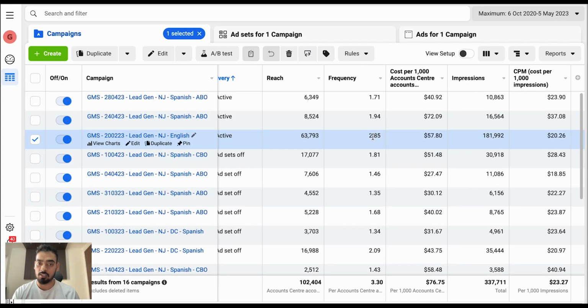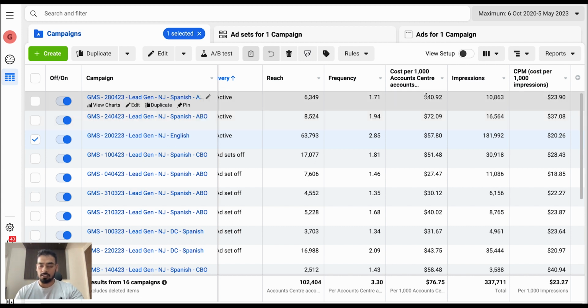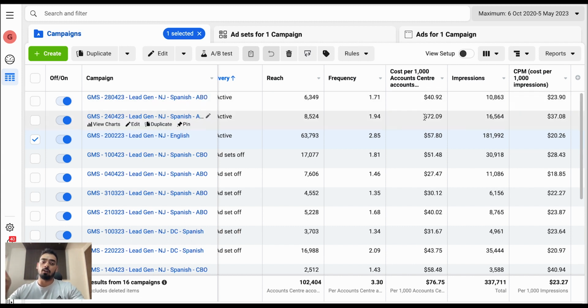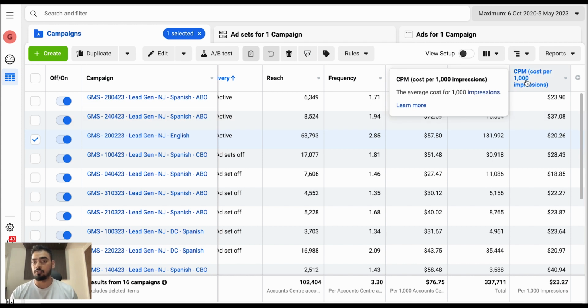Keep an eye on the frequency. Make sure that your frequency is not too high, okay? Because if it's too high, that means the same people are seeing those ads multiple times, which is definitely not going to be good, because they will just be scrolling, right? Then there's cost per 1,000 accounts under metrics. This is how much money your ad account is spending to show these ads to 1,000 people, so cost per 1,000 impressions.